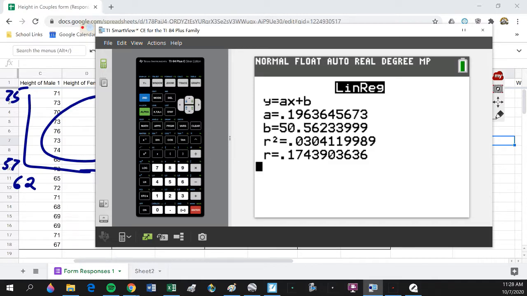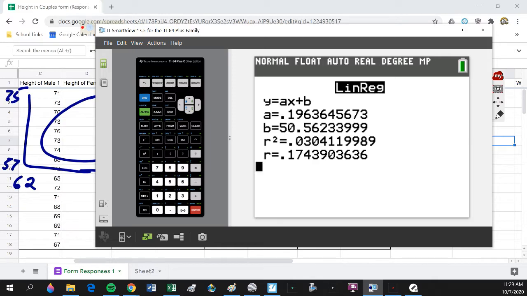Okay, so here's a question. Do shorter guys couple with shorter girls? Yes. How do we know? It's positive. R is positive. Can we accurately predict a boy's girlfriend given his height?